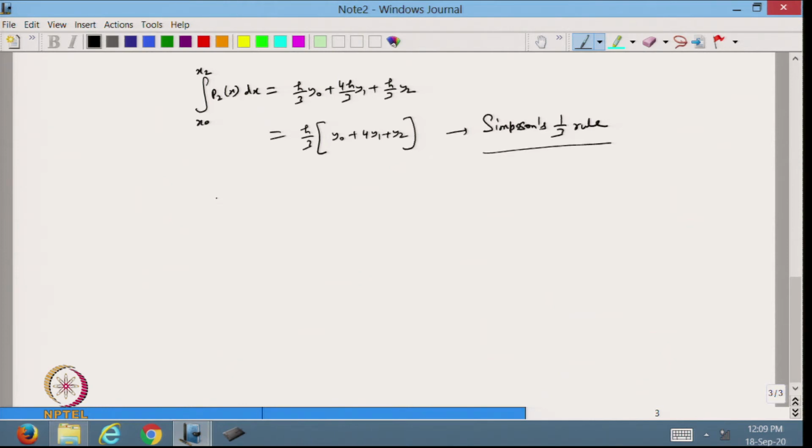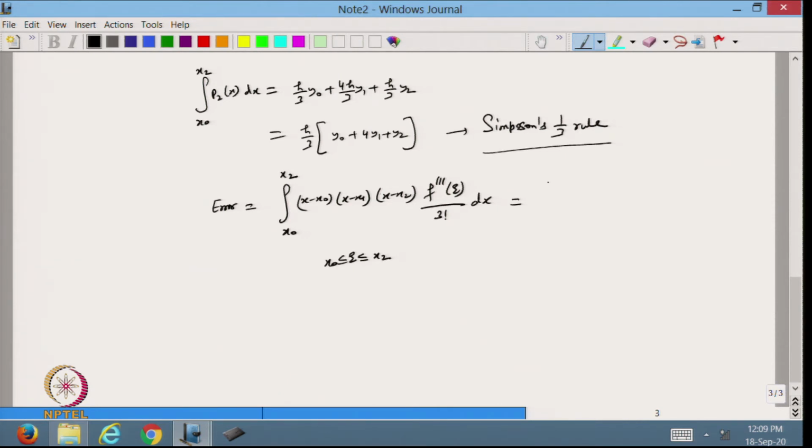Now, let us find out the error. So, the error in this case will be the integral from x0 to x2 of (x minus x0)(x minus x1)(x minus x2) times the third derivative at xi over 3 factorial, dx, where xi is lying between x0 and x2.